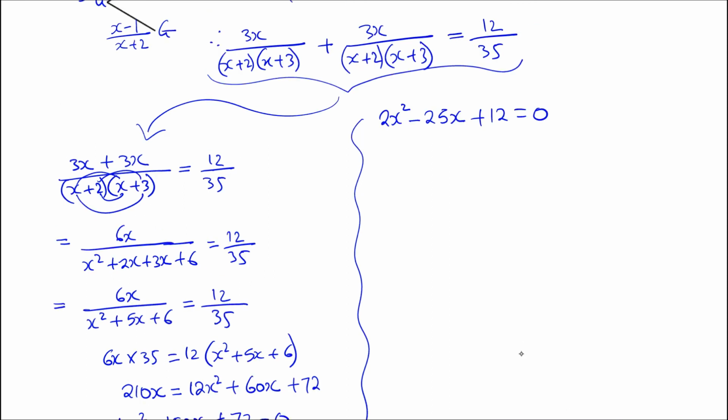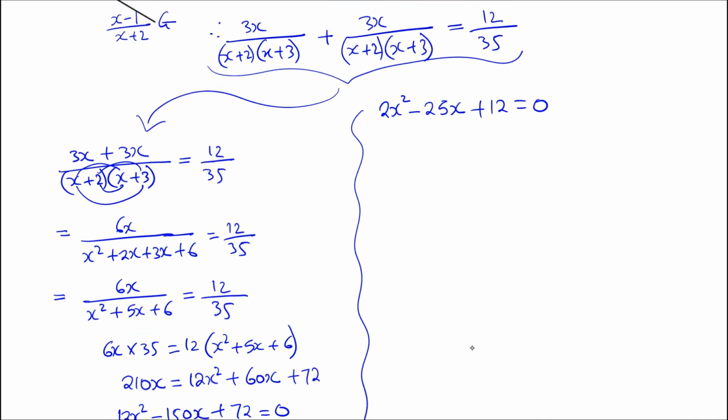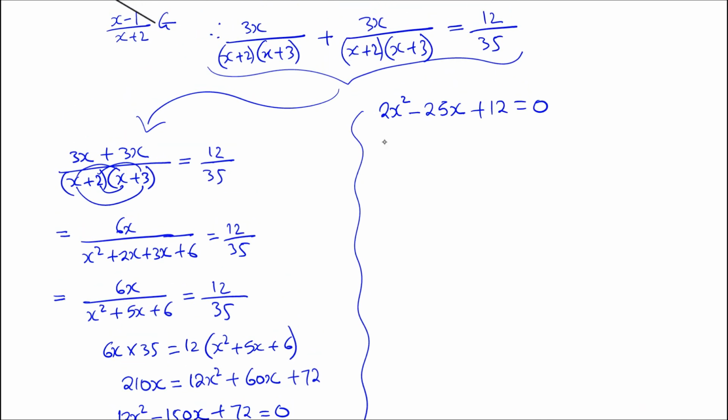Now to solve that, we can just use the quadratic formula. So x is equal to negative b plus or minus the square root of b squared minus 4ac, over 2a.